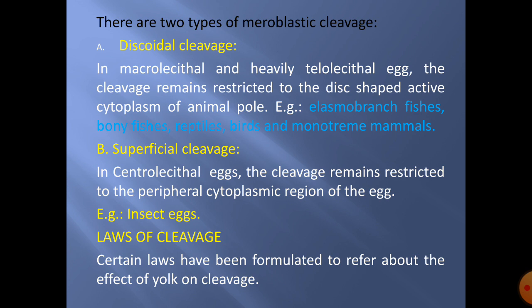Then another type of meroblastic cleavage, exemplified by insect eggs, is the superficial cleavage, which is seen in centrolecithal eggs, where the cleavage remains restricted to the peripheral cytoplasmic region of the egg.